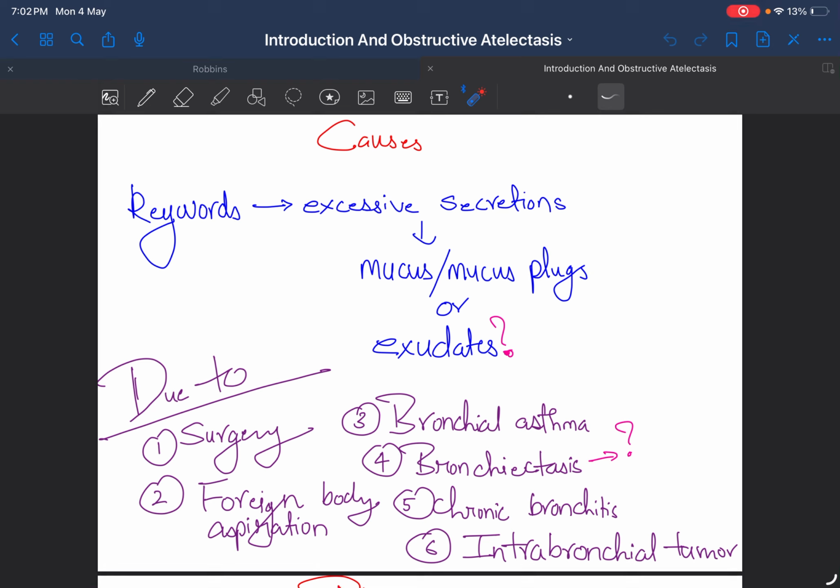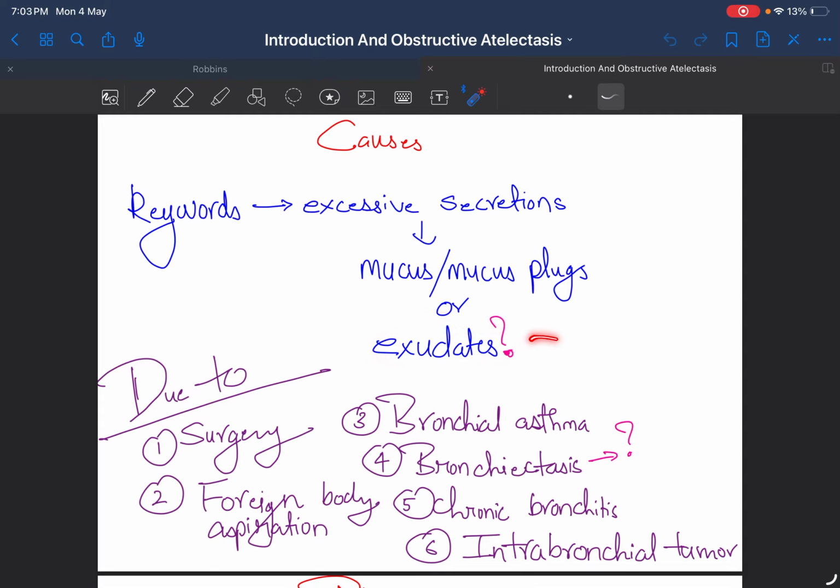So here I have mentioned a few key points to remember. Obstruction of the bronchus by excessive secretion, that could be mucus, mucus plugs, or exudates. Now what are exudates?